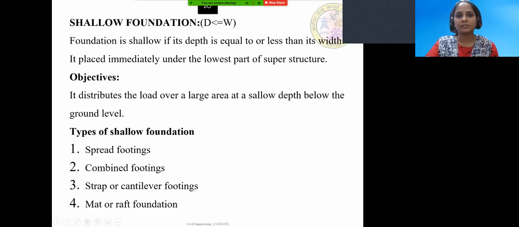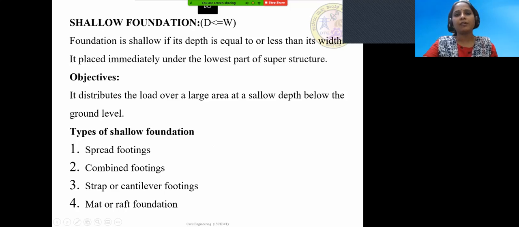What is shallow foundation? As I said in the earlier classes, if the depth is equal to or less than its width, as you can see here in this symbolic representation, then it's called a shallow foundation.